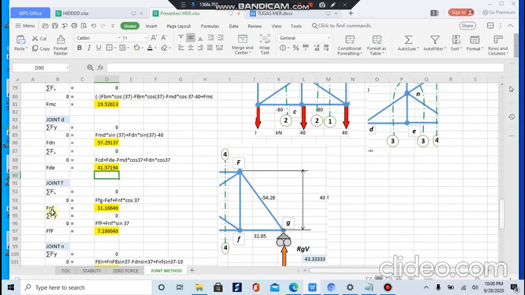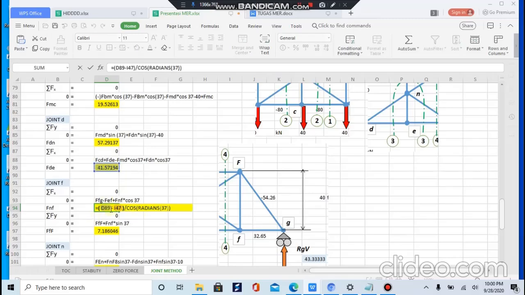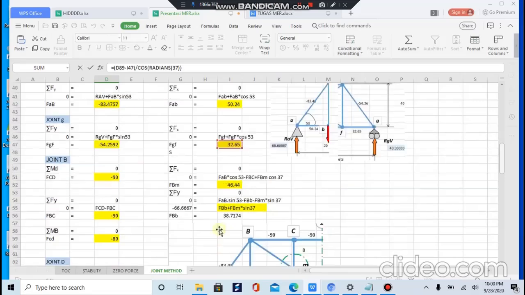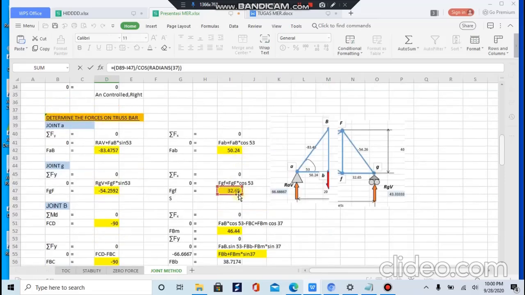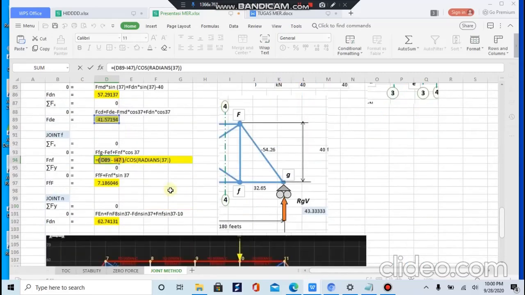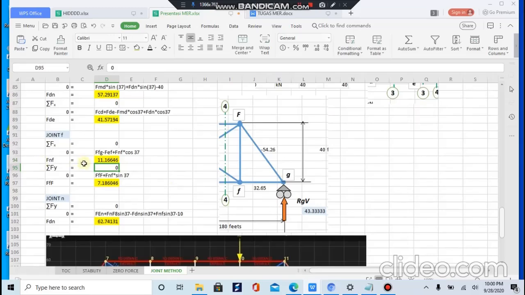So FNF will be 11.166 here. So FDE 41 minus 32.95. So here and here we will find this one. So FNF is 11.166.